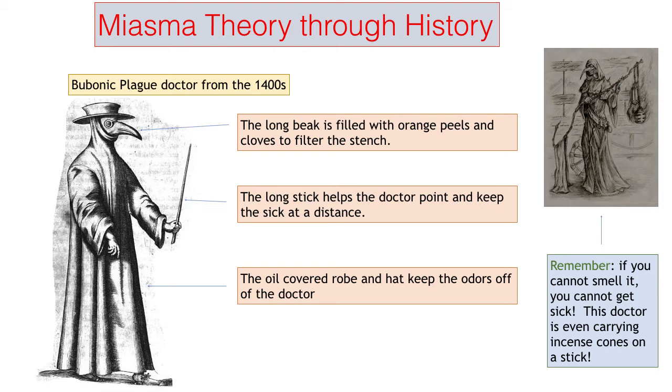The doctor also carries a long stick that he can use for pointing and also to keep smelly people away from him. And he wears a robe and hat that are coated in oil. And again, that's to keep the odor from permeating the clothing that he's wearing underneath. Again, the belief that it's the stench that's causing the illness.